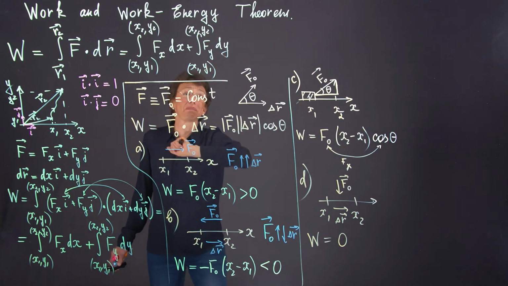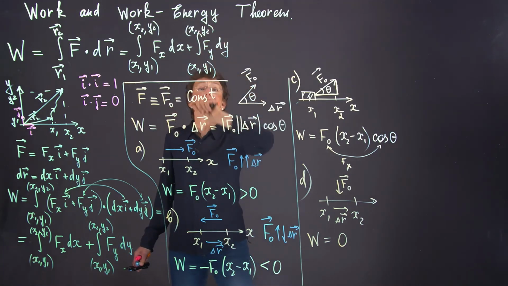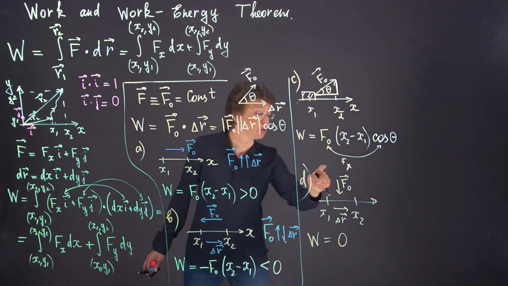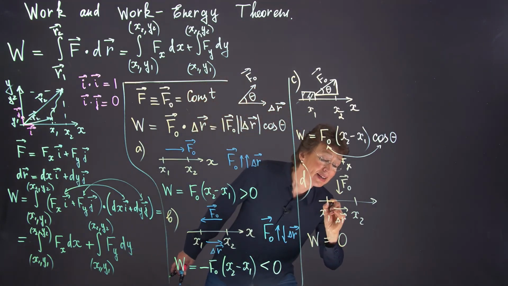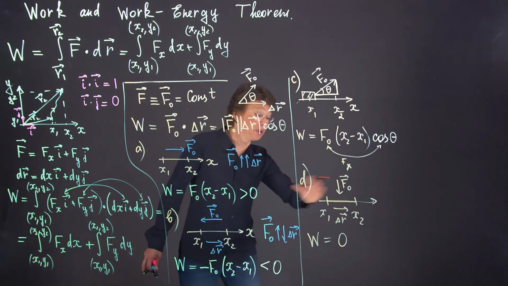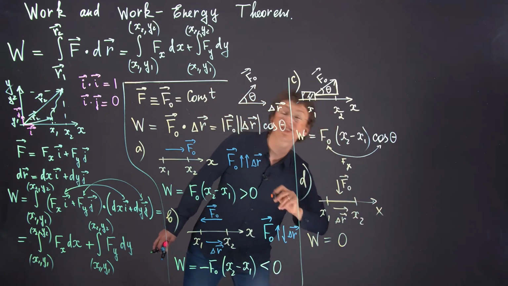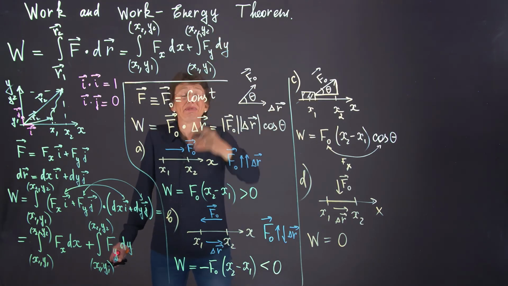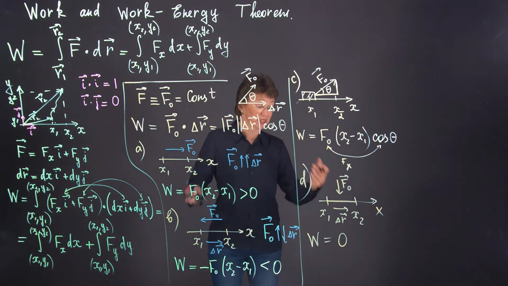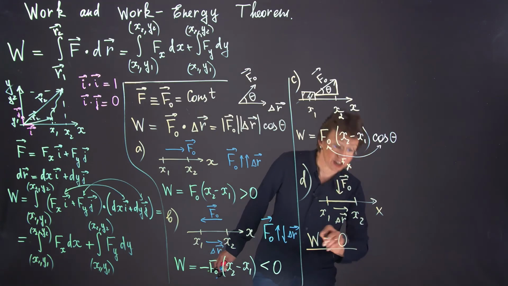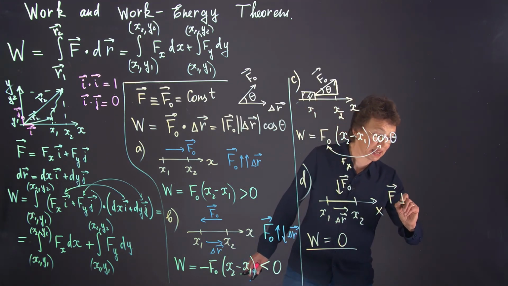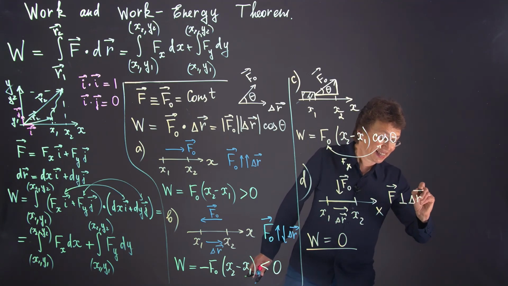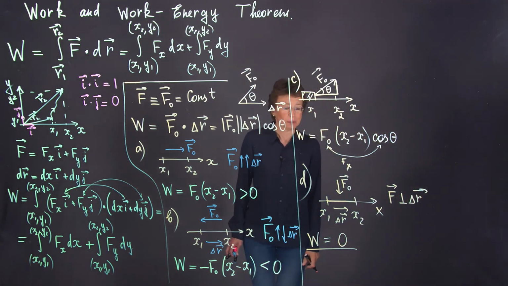The second part of this integral will be 0 because, although I do have non-zero fy, the limits are from 0 in y to 0 in y. The object doesn't move in y direction. So y2 minus y1 will be 0, and work will be 0. Force is perpendicular to the displacement. Work is 0.